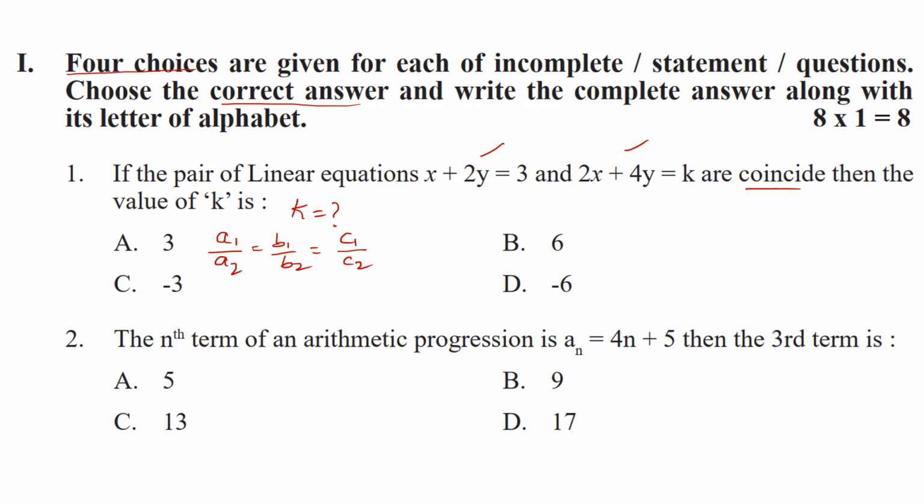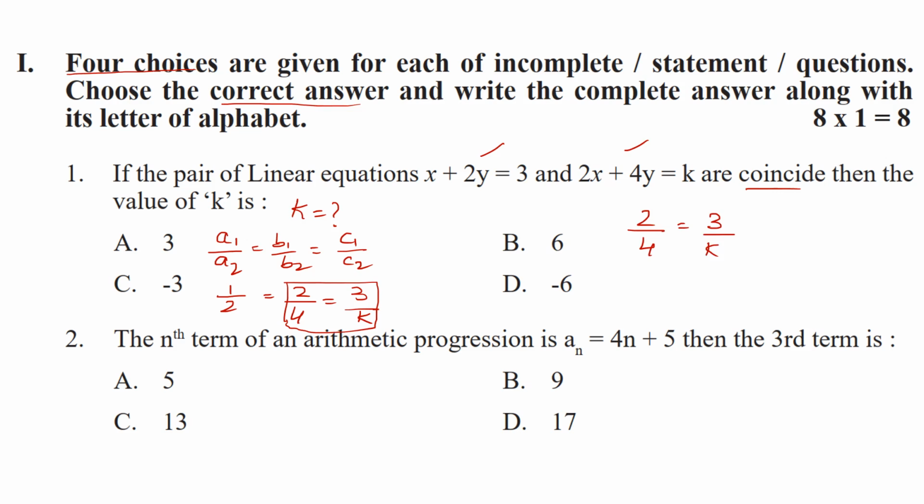Just substitute the values. So a1 is 1, 1 by 2 is equal to 2 by 4 is equal to 3 by k. I'm going to take any one of the ratios with respect to k. I'm going to take these two ratios, that is 2 by 4 is equal to 3 by k.